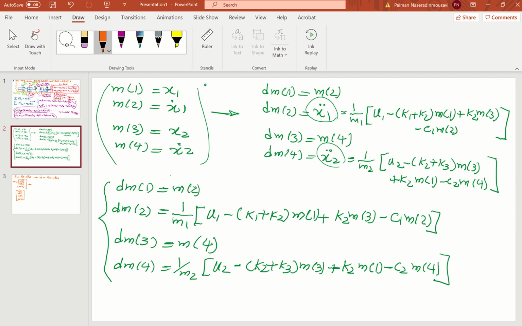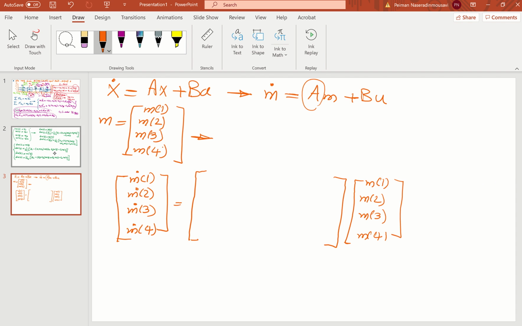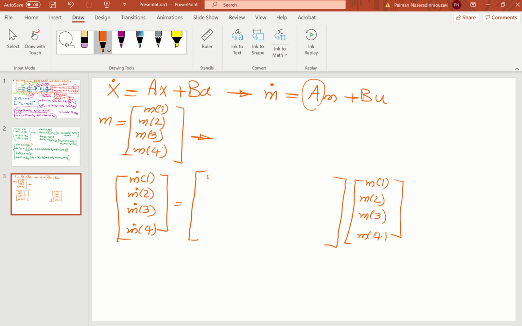Look at here, guys. m dot 1, m dot 2, m dot 4 is equal to, now we have to make this A a 4 by 4 because you have 4 state variables: m1, m2, m3 and m4. Now, first line has only m2, so this is gonna be 0, 1, 0, 0.